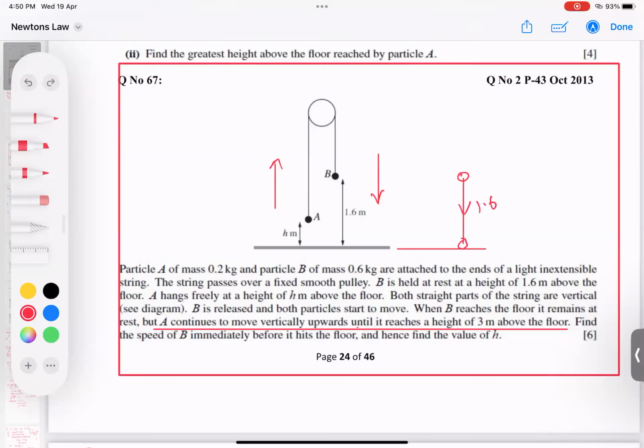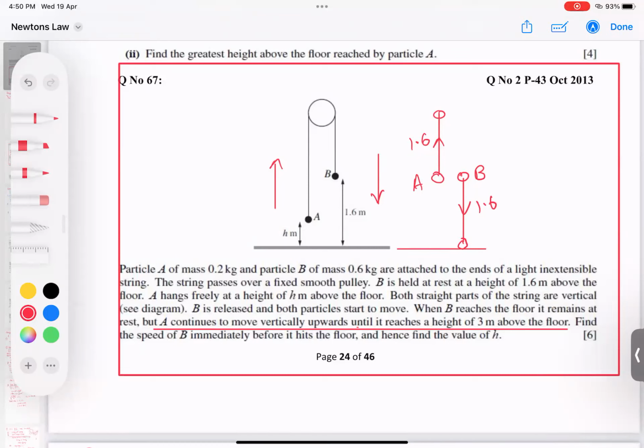And as a teacher, I suggest the best technique is to draw this kind of diagram. If you draw it, the question becomes easy for you, inshallah. If you're lazy, you will not be able to understand. B will fall 1.6 meters, A will go upwards 1.6 meters. I believe you got the point.